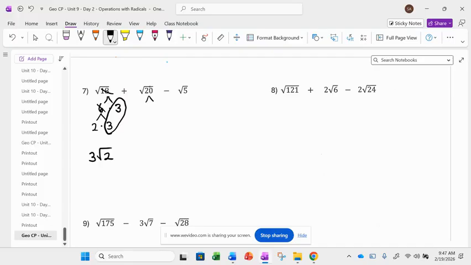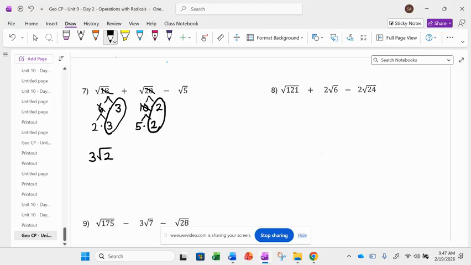All right, Sebastian, break down 20 for me. Ten and 2? I like that. All right, break down 10. 5 and 2. Is it okay that I circle numbers from different branches?